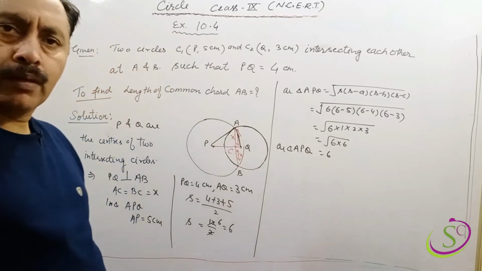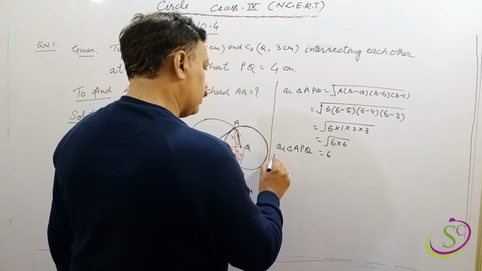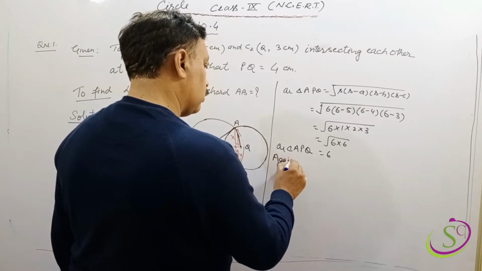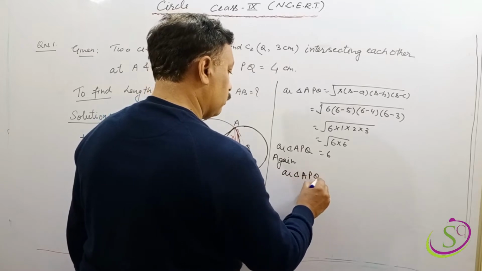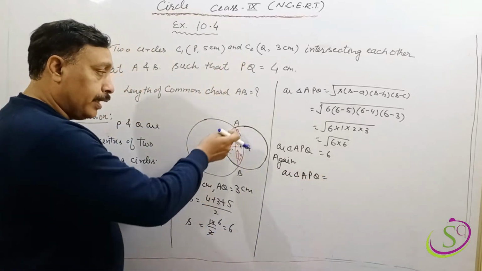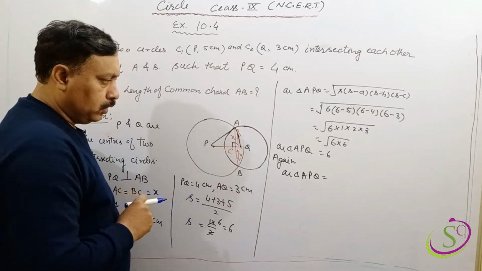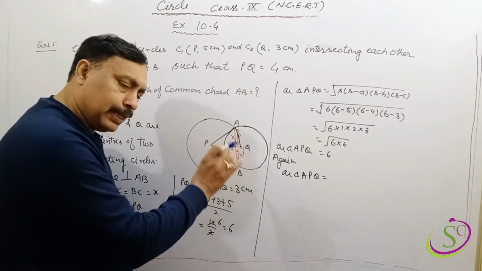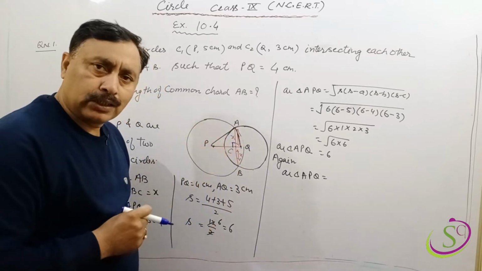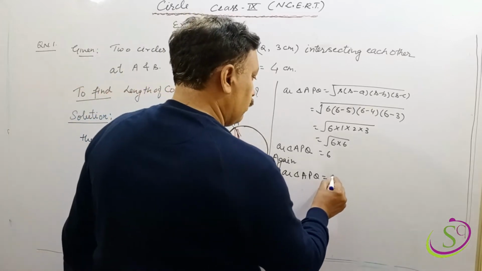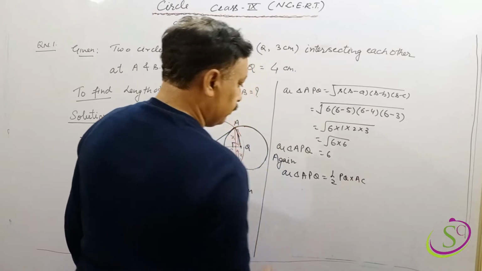Clear? Is it clear? And again, area of triangle APQ equals, in triangle APQ this angle is right angle. So if we take PQ as the base of triangle APQ and AC is the altitude, so area of this triangle will be 1 upon 2 PQ into AC.